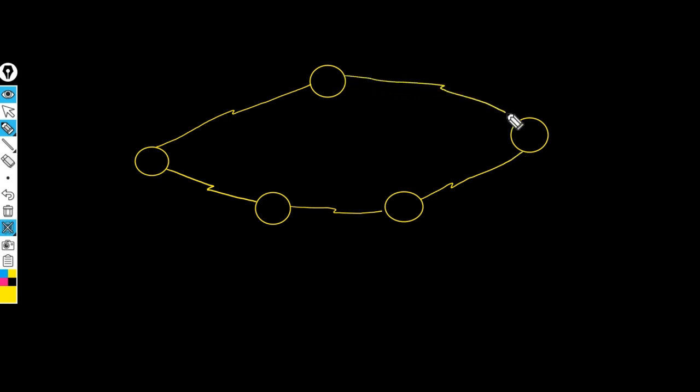Let's say this is the connectivity, and consider one of the PCs which is here, and another PC here. Fine. And this is, let's say, router 1, router 2, 3, 4, 5.